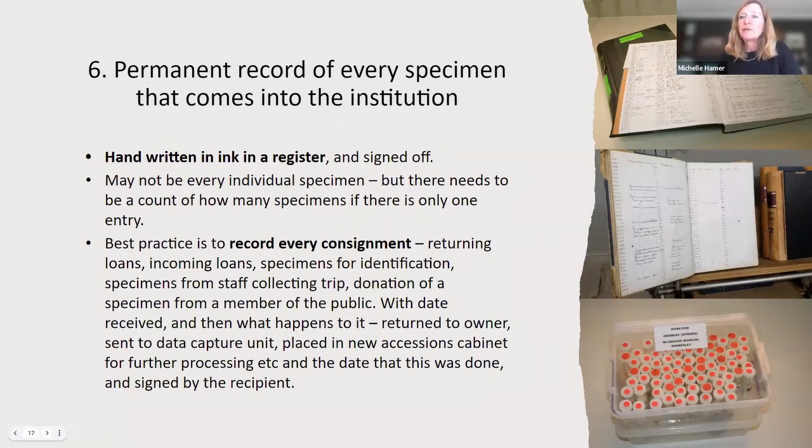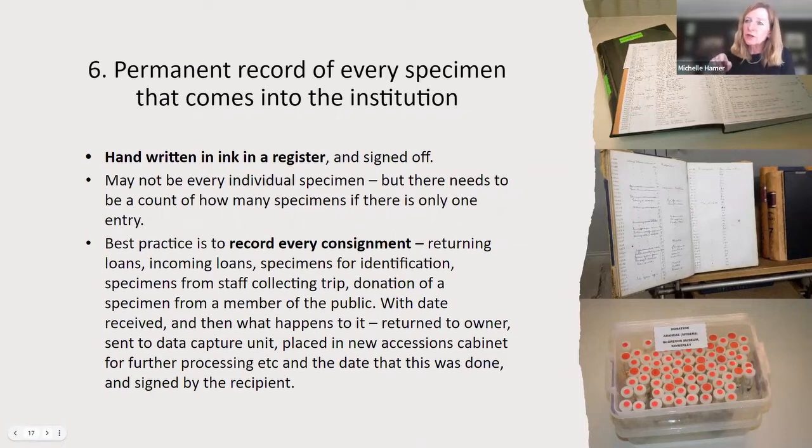So it must be handwritten in ink, in a register, in a book. So you would know if a page had been torn out, and you can't get rid of that entry. So it might not be every single individual specimen, but it could be a consignment.